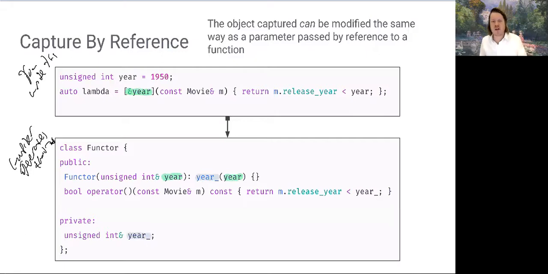At this point, year is simply another name, within the scope of our Lambda expression, for the year residing in the surrounding scope. If you were to change its value within the Lambda body, that change would be reflected outside of it after we invoked our Lambda expression.